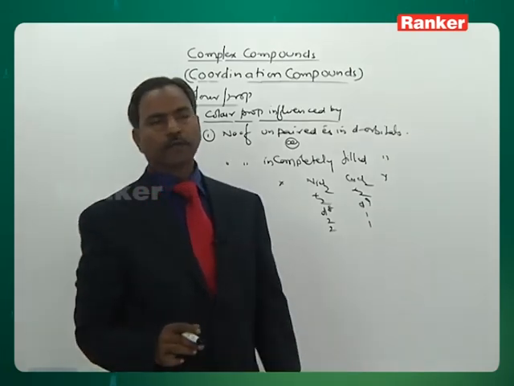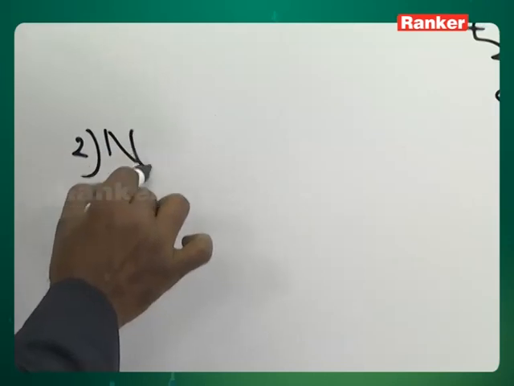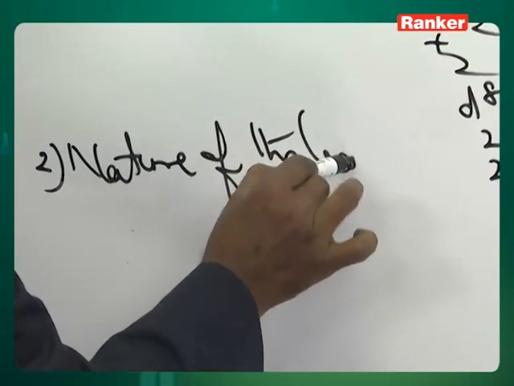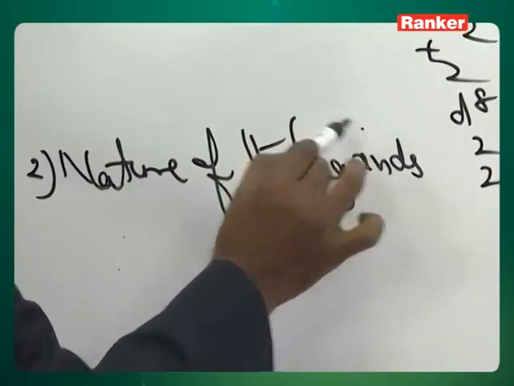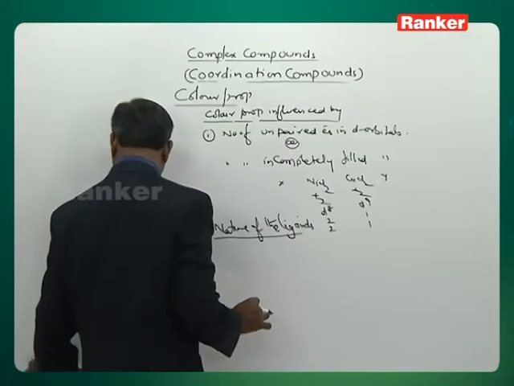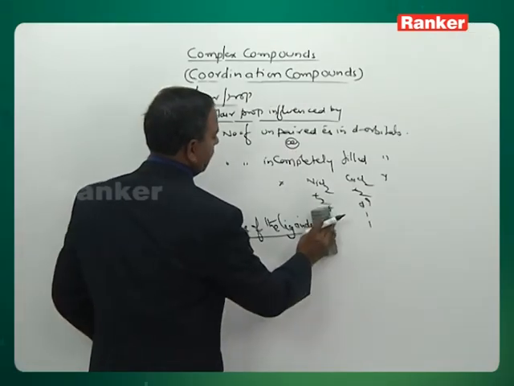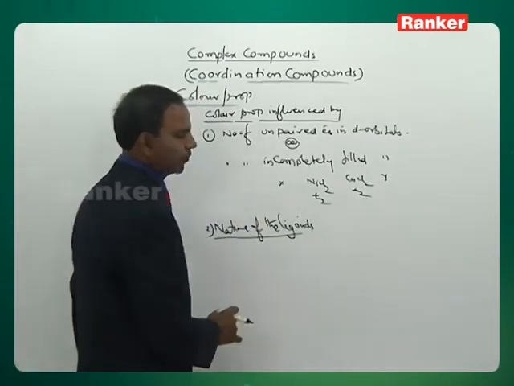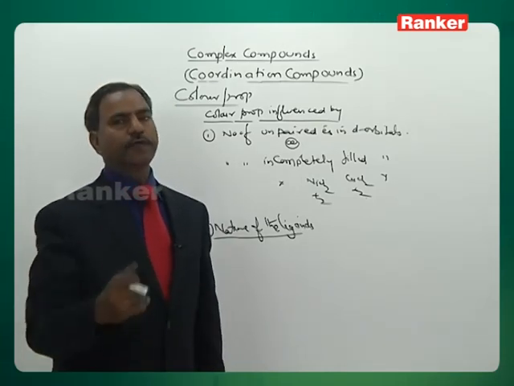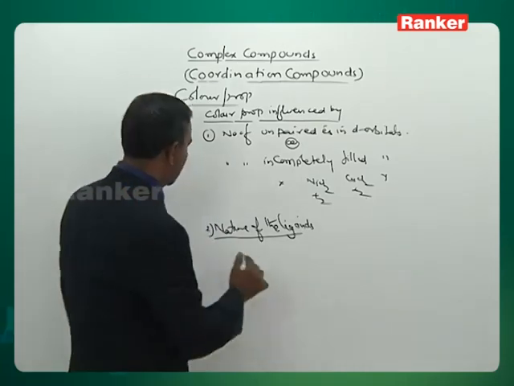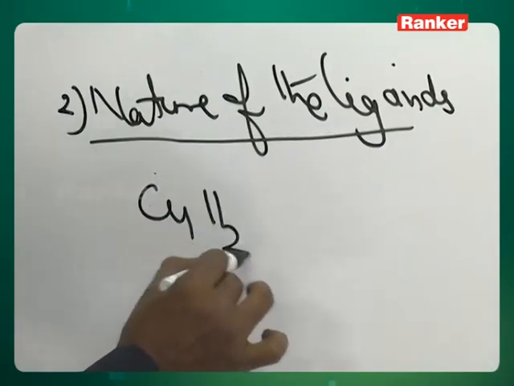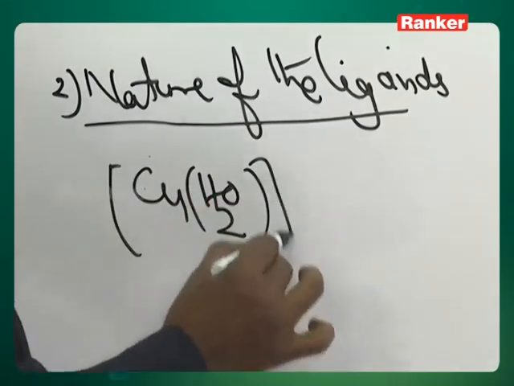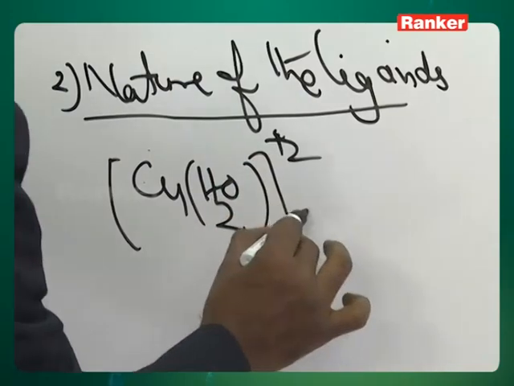Coming to the second factor influencing color, the nature of the ligands. If we talk about the nature of the ligands, look here, I am writing three complexes. You can easily understand how the color changes if the ligand changes. Now, I am writing one aqua complex, [Cu(H2O)4]2+.